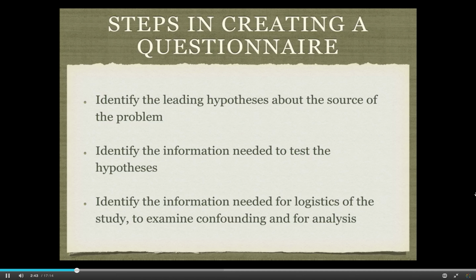Once we've identified the variables, we need to identify the information needed for logistics of the study, to examine confounding and for the analysis. So apart from the variables that measure our independent and our dependent variables, we must also consider our demographic and our extraneous variables as we would have discussed in our last presentation.